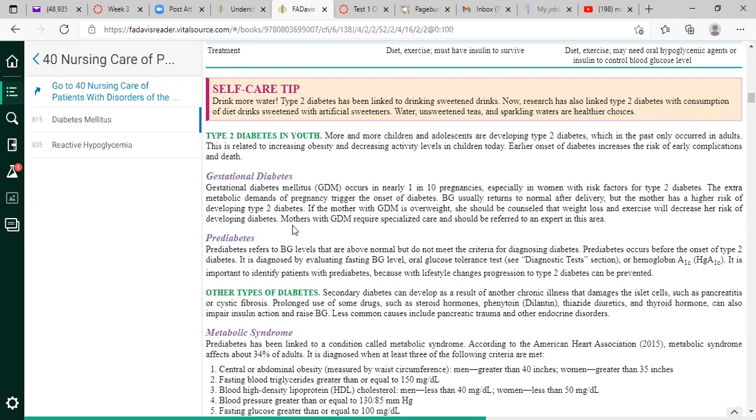And it talks about pre-diabetes. Pre-diabetes refers to blood glucose levels that are above normal, but do not meet the criteria for diagnosing diabetes. The normal blood sugar level is 70 to 100. A blood sugar over 126, typically you're diabetic.